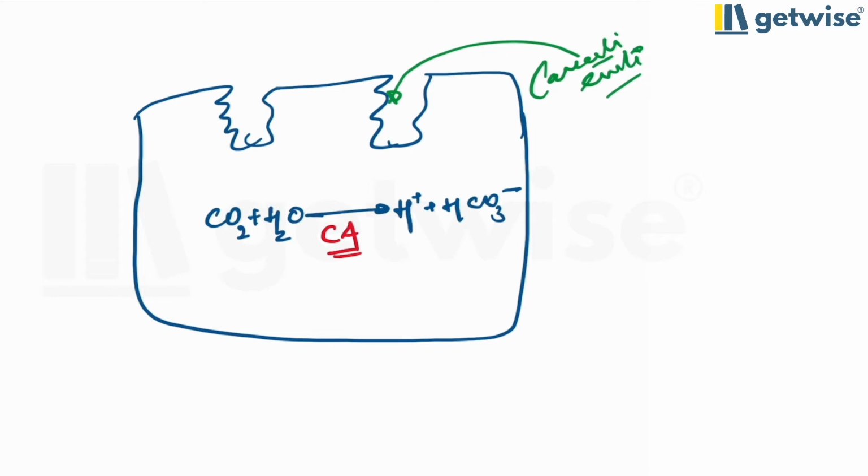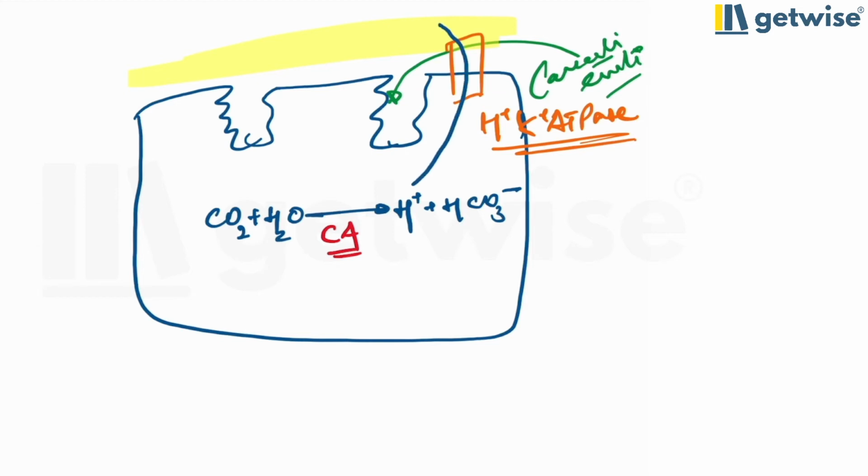On the luminal side, we have a pump called hydrogen potassium ATPase. This pump will pump an H plus ion into the lumen, and in exchange it will bring a potassium ion inside the parietal cell.